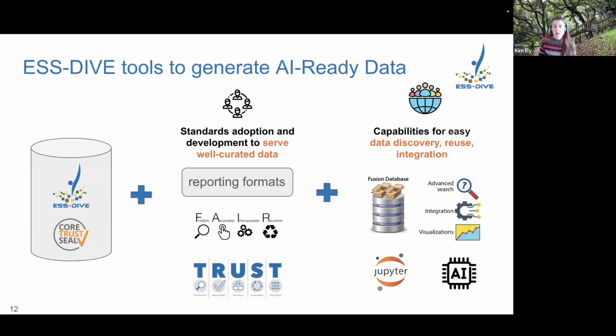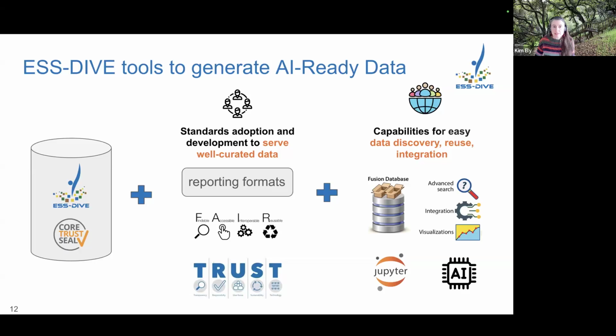So in terms of the capacity of ESS-DIVE to maximize the value of your data and support AI-ready data, this includes aspects like the standards that have been developed by the community and are aimed at creating well-curated data, the use of ESS-DIVE reporting formats, and the principles of FAIR and TRUST.